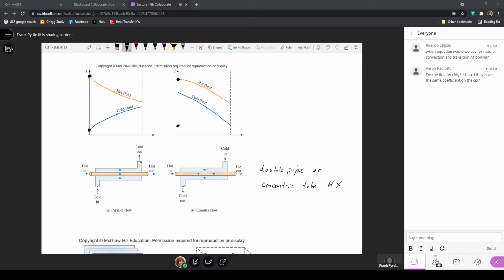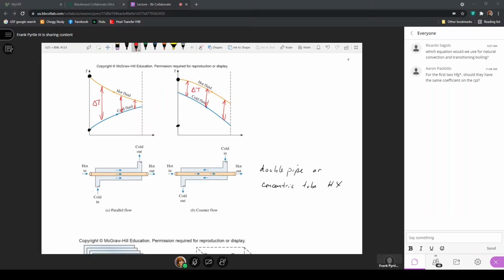And that's just because a higher temperature difference can be maintained between the two fluids when we have a counterflow heat exchanger. Whereas notice here for the temperature profiles, this is the delta T that exists between the hot fluid and the cold fluid as they move through the heat exchanger. Here, this is the delta T that exists between the hot and the cold fluid.